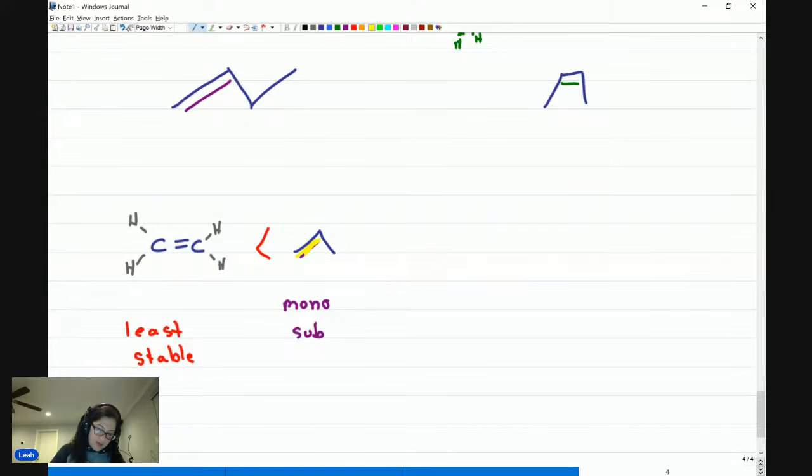Highlight your pi bond so you can see exactly where it is, and then draw an arrow to every single carbon that comes out of that highlighted portion. I have one, monosubstituted. But if I take that pi bond now and I put it here, or I put it here, or I can also have something like this.